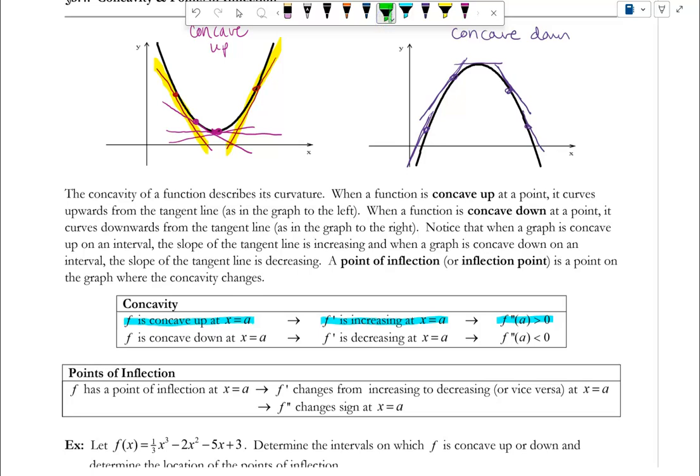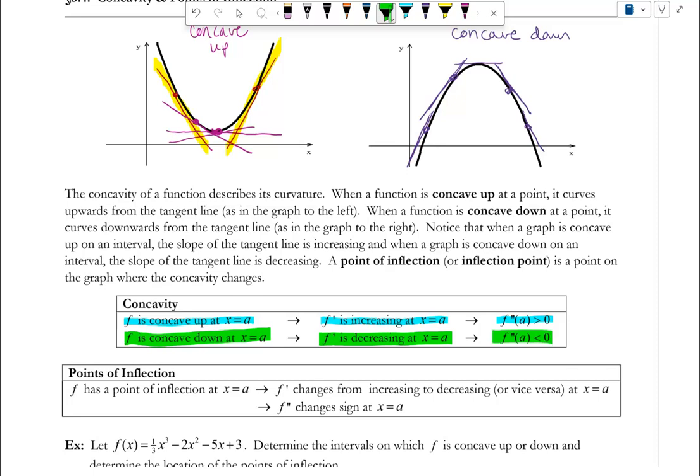Similarly, we are concave down at a particular value if our first derivative is decreasing, meaning our second derivative is negative. And then finally, a point of inflection happens anytime we change concavity. That's either where f prime changes from increasing to decreasing, or vice versa, or where the sign of our second derivative changes.